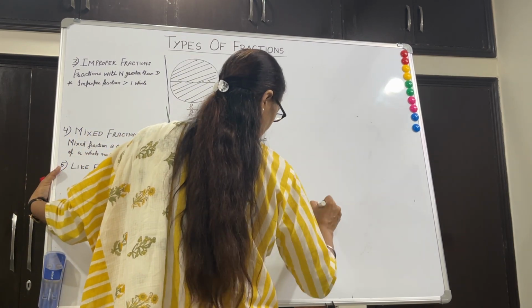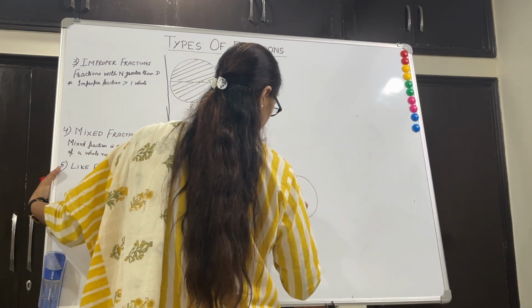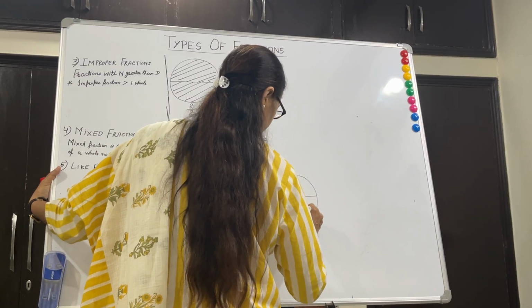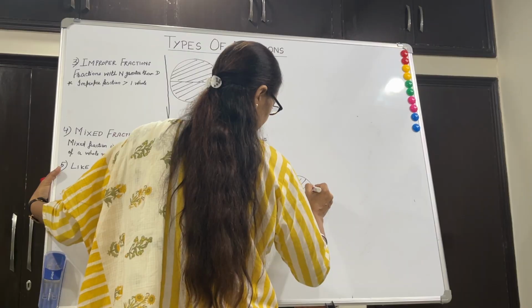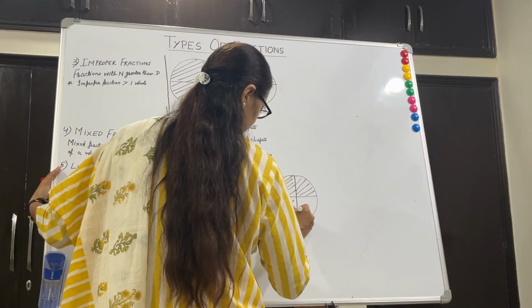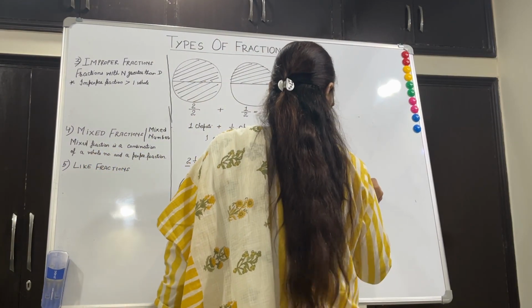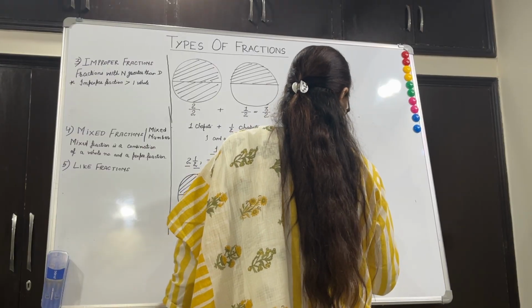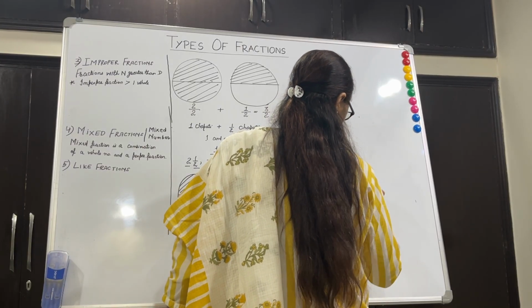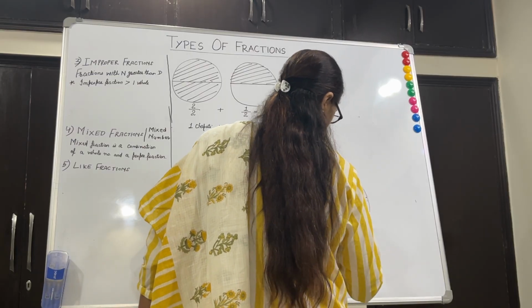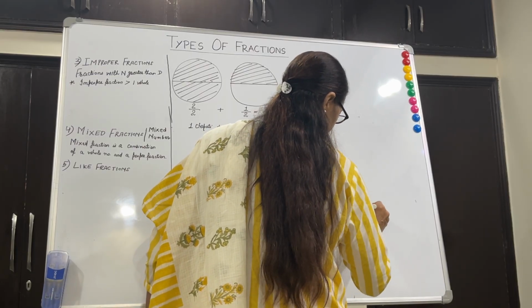Dividing this whole into 4 equal parts, shading 3 parts. Dividing it in 4 equal parts again and shading all the 4 parts. Okay? All the 4 parts.